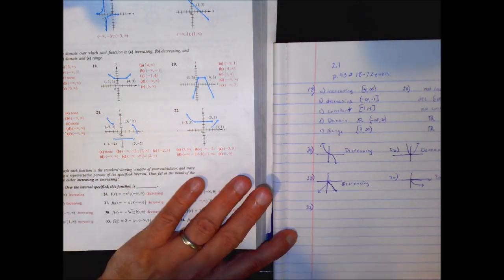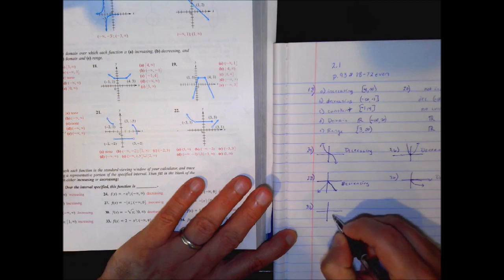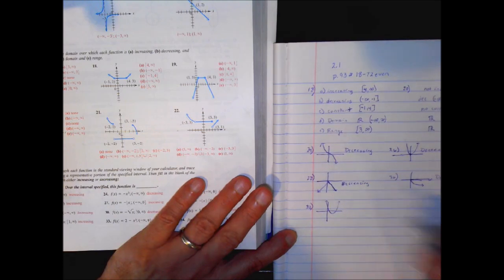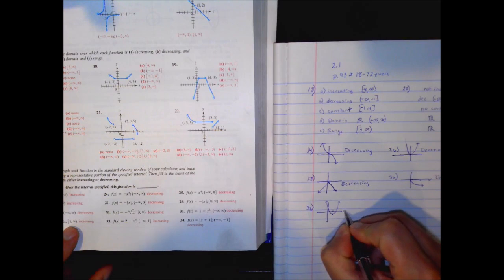32. Okay. y equals x squared minus 2x. Okay, this graph looks like this. And it says we're looking at it from 1 to infinity. So this is at 1 to infinity. So we're looking at this part of it. So that part of it is increasing.